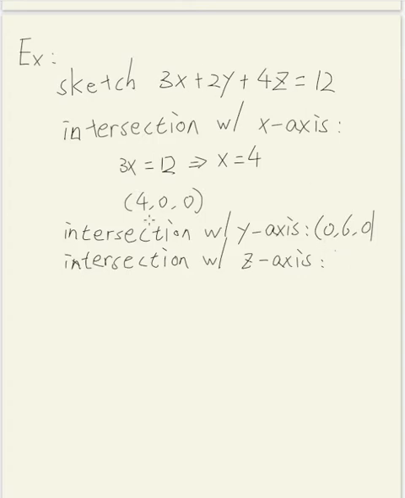We said x equals y equals 0, then we have 4z equals 12, z equals 3, so 0, 0, 3. Okay, now we have these 3 points on the surface.